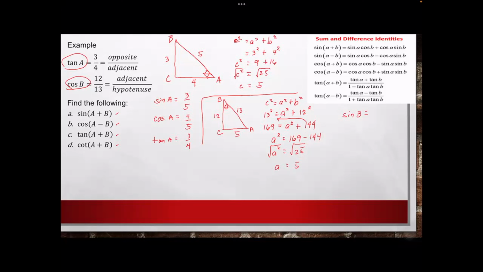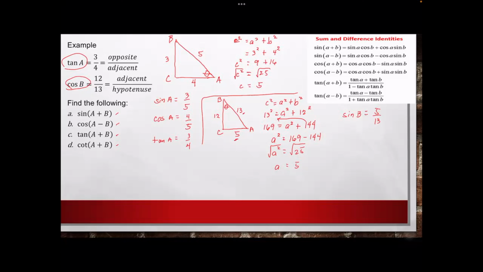RJ. 25 over 13 po. 25 over 13? Diba yung square root natin yun? So, what is 5 over 13 lang? Square root ng 25 is 5, diba? So, this will be 5 over 13.